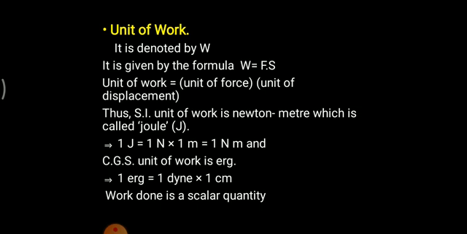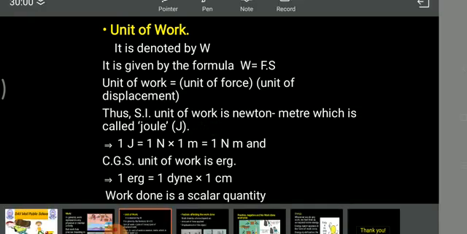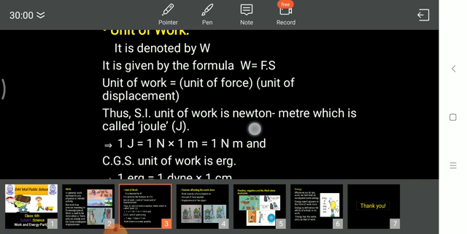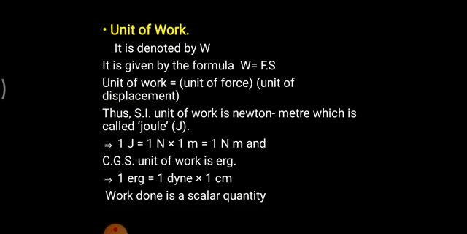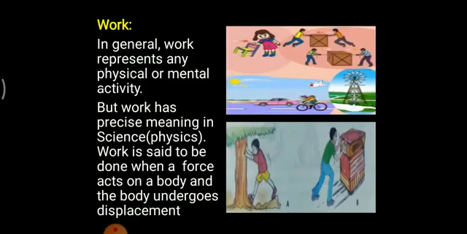That new unit would be the unit of work done. So work done, W, is force in Newton times displacement in meter. So we say the SI unit, that is the standard international unit of work, is Newton meter, which is nothing but joule.